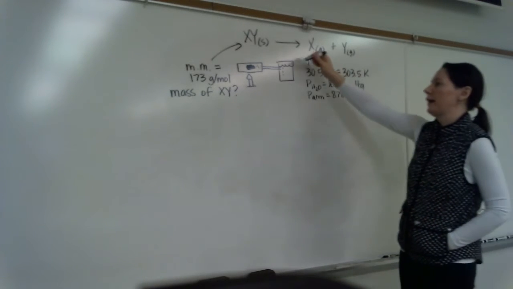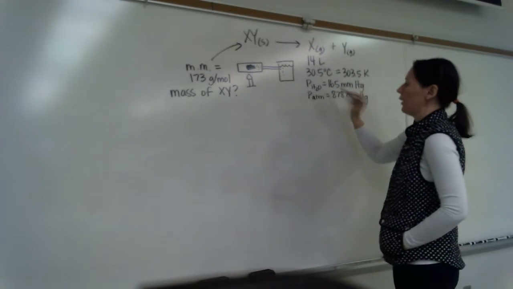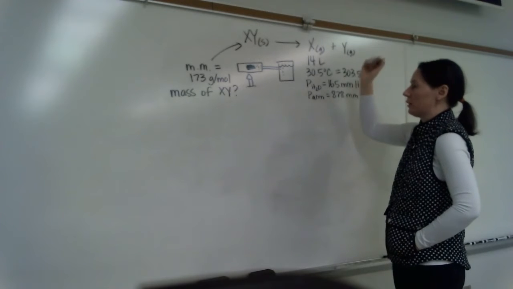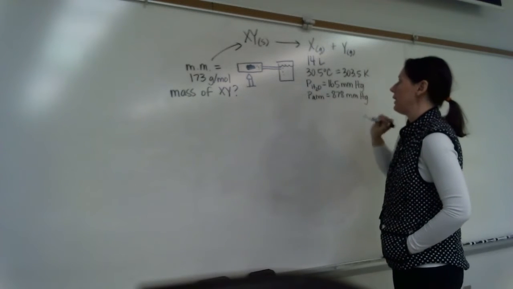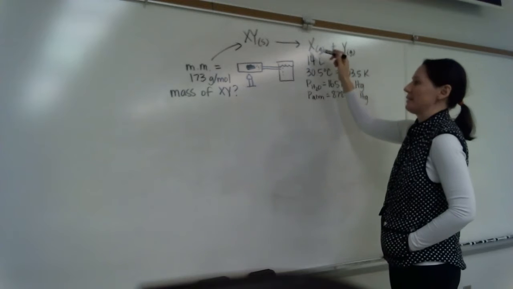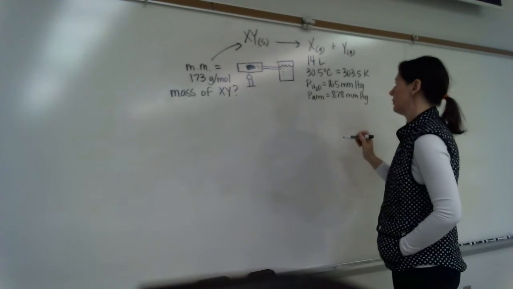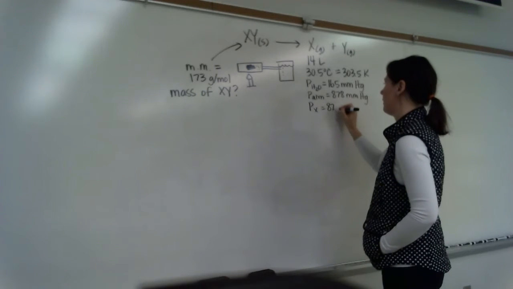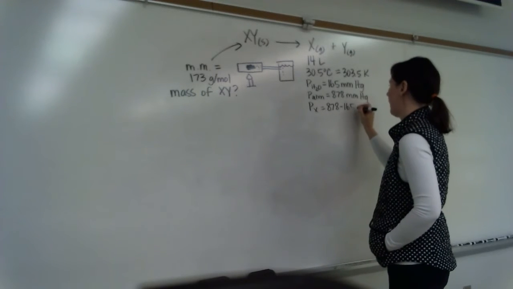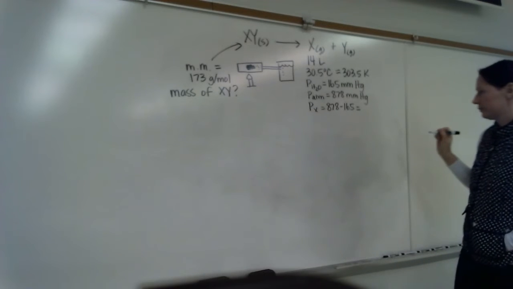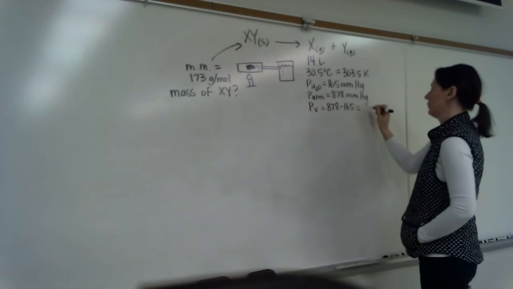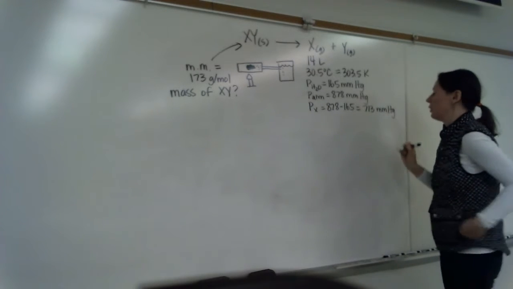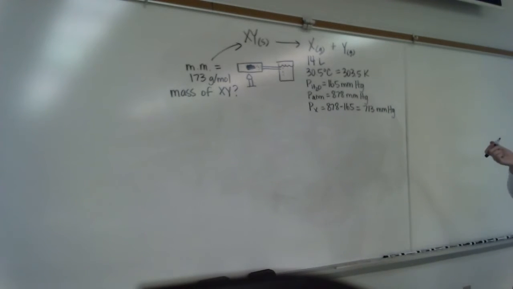Now this is being collected above water, so we've got water vapor in there, and we've got the gas X, whatever this monatomic gas is. So how do we get the pressure of gas X? The pressure of this gas is just 878 minus 165. What'd you get there? 713 millimeters mercury. Is millimeters mercury an okay unit for the ideal gas law?